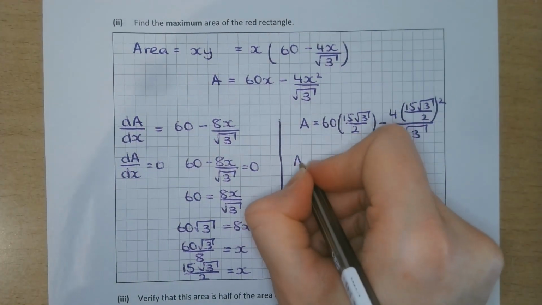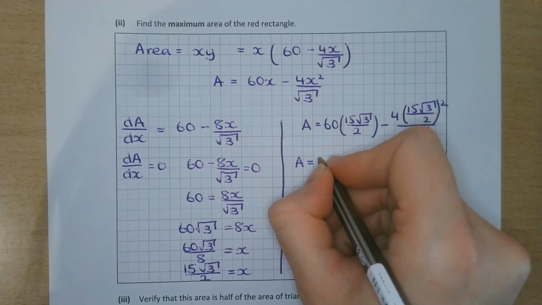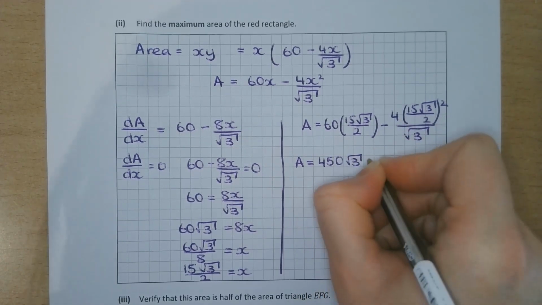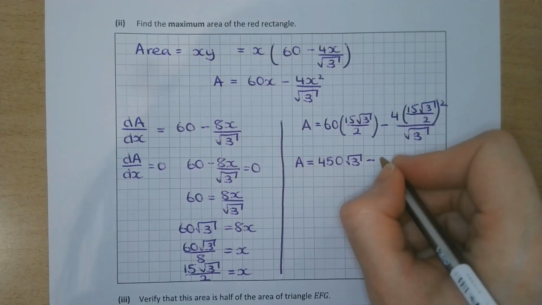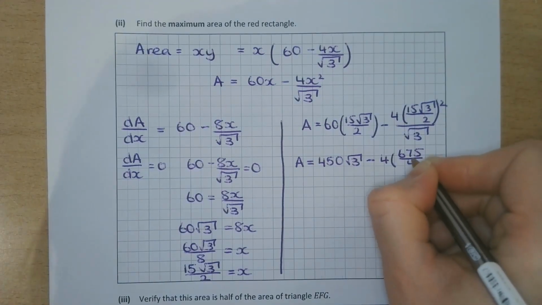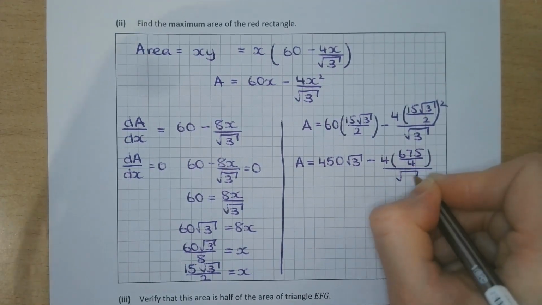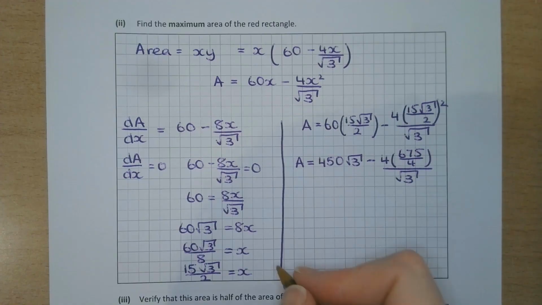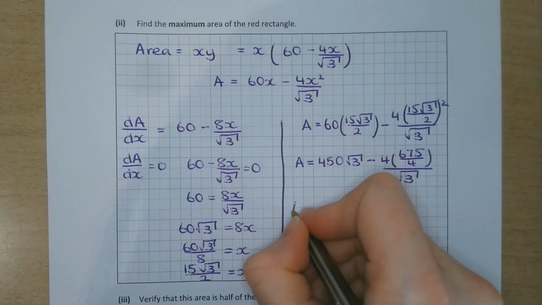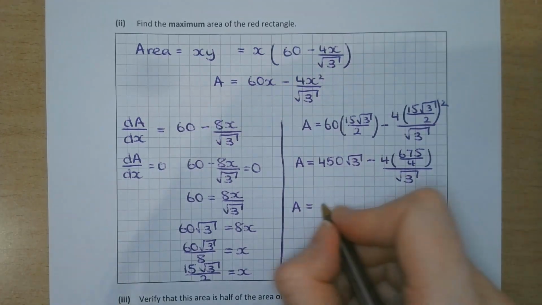Okay, simplify, work out what you can. We end up with 450 root 3, using our calculator to do this, minus 4 times 675 over 4, over root 3. You can take your time and just do it bit by bit. You could try and type it into your calculator all in one go, but make sure that we're typing it in correctly.